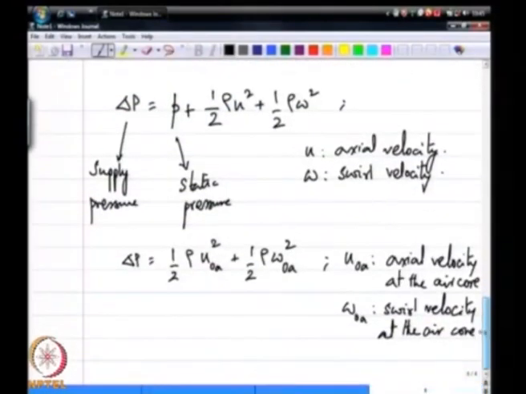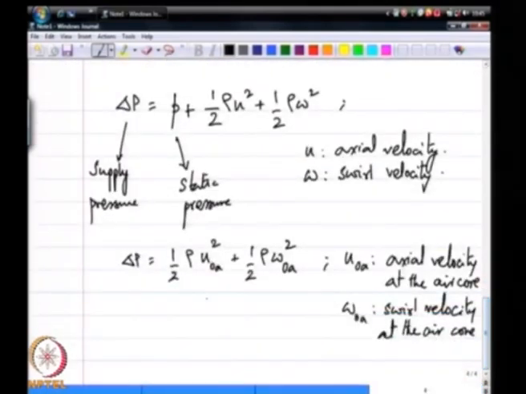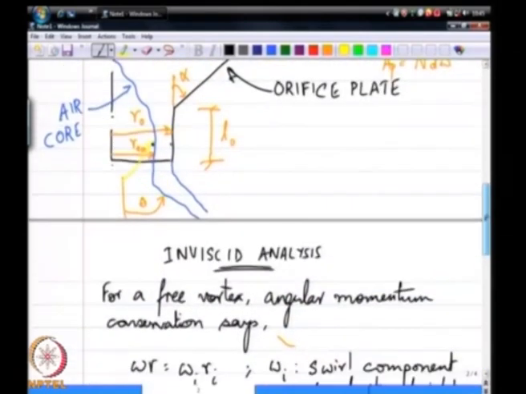So, now back to, so we have our delta P, which is half rho u 0 a squared plus half rho w 0 a squared. Now, what is u 0 a? That is the axial velocity in this region.